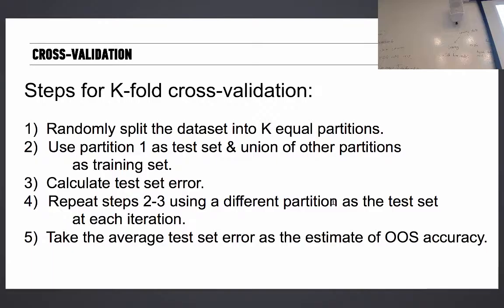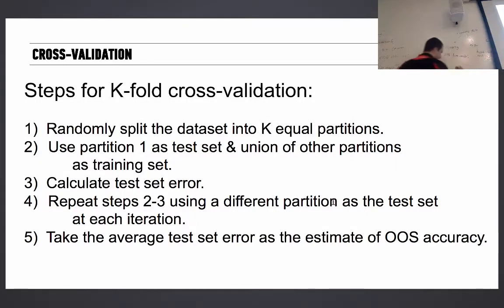We would use the first 30 as a test, and the remaining 120 as training. We would then fit the model to the 120, test it on the 30 that it hasn't seen yet. And then you do the same thing for each of the partitions.